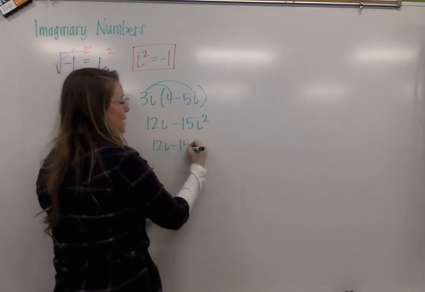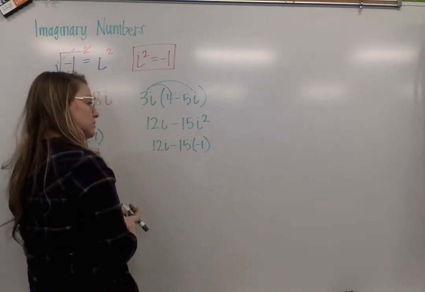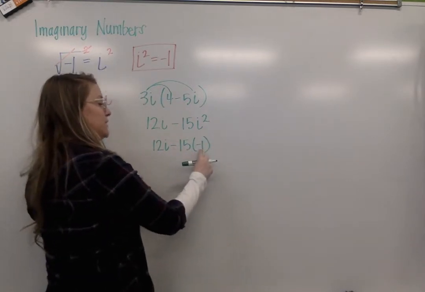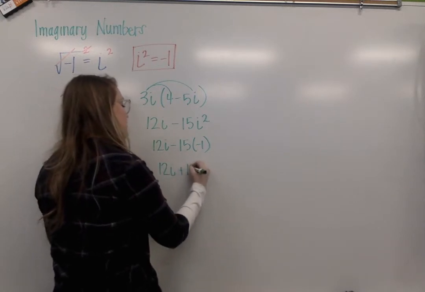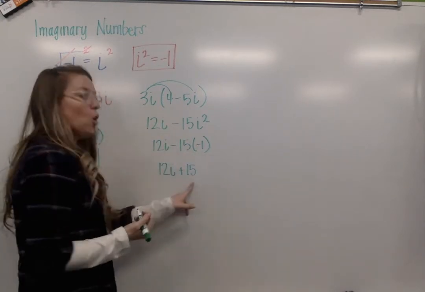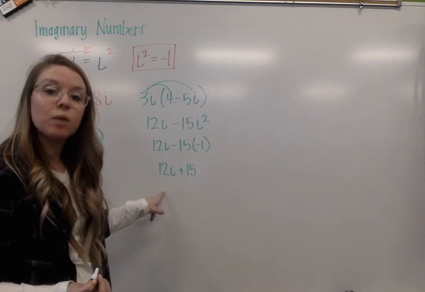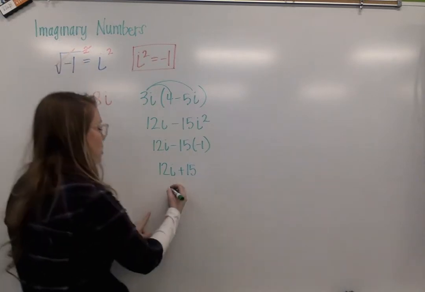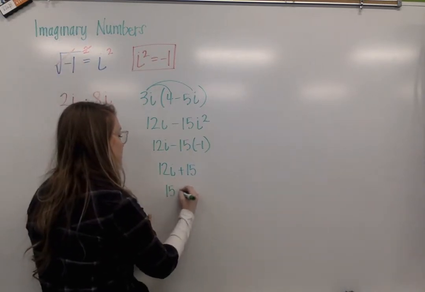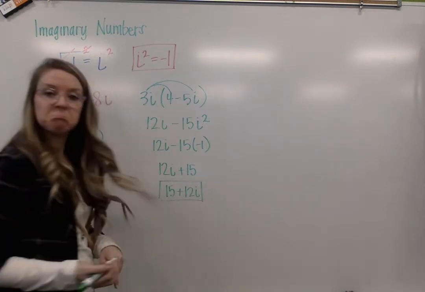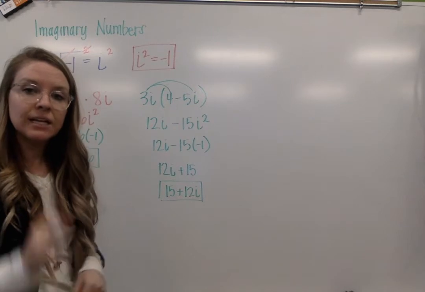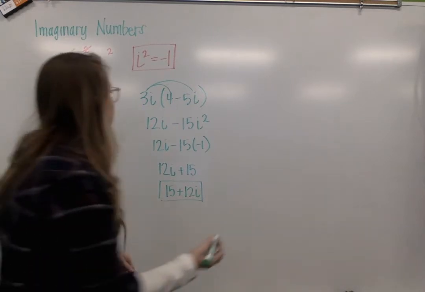I know that my i squared equals -1. So this is -15 times -1, which is a positive 15. When we're using complex numbers, we want to list the real number first. So I'm going to rewrite this as 15 plus 12i. Simple enough, right?